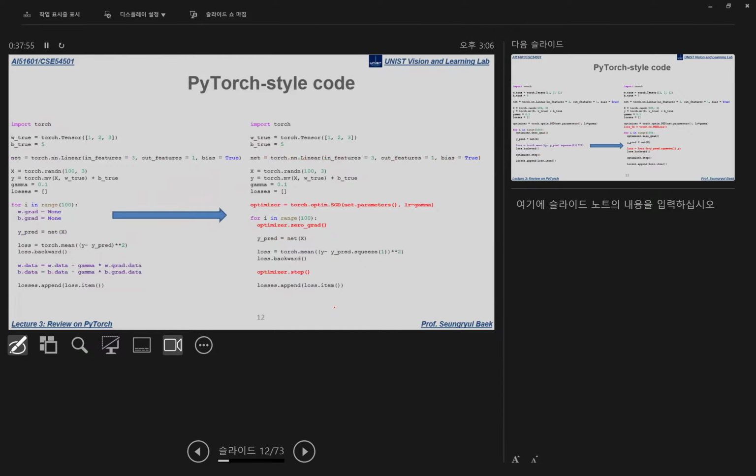And also the gradient descent form is sometimes heavy to implement by yourself.